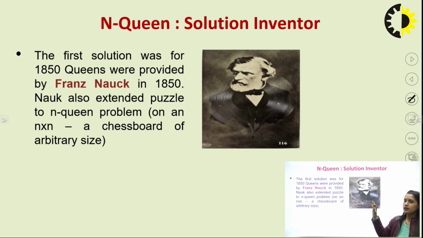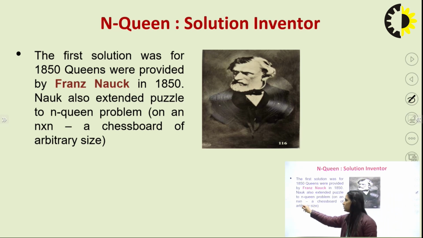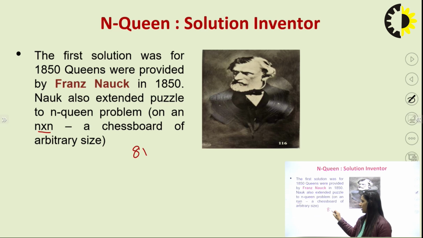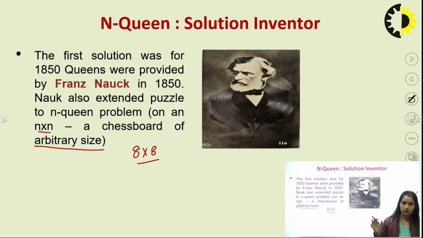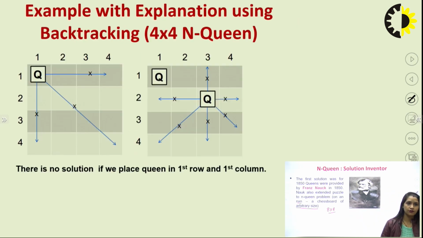Then we extended this puzzle to the N-Queen problem on the chessboard. Initially we used 8 by 8, and then we extended the size, and lastly we use any arbitrary size of chessboard. So it was solved by Franz Nauck in 1850.